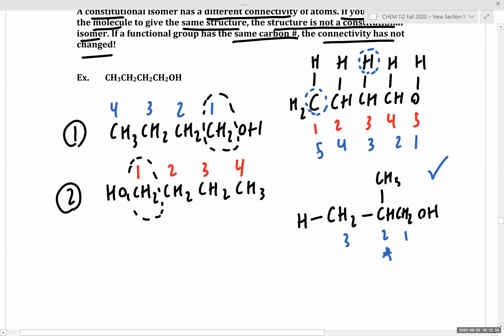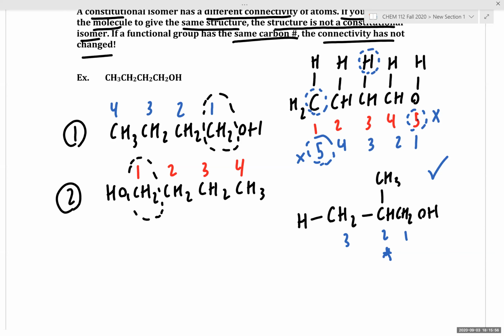For example, we cannot swap, so I'm going to put an X, our oxygen and our carbon at the end because they have the same number. Does everyone see how the oxygen and carbon have the same number in this method? As a result, they can't be swapped.